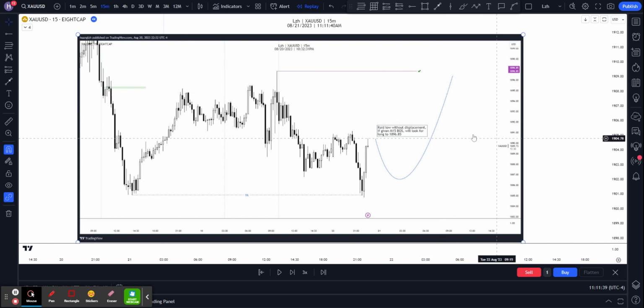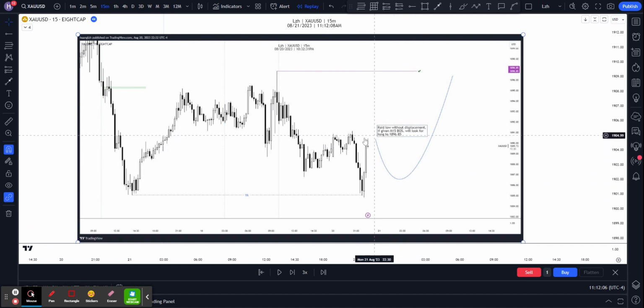The reason is simple: we have a raid of the low, and that is without displacement. So what we want to do is wait for a market structure shift, or some of you call it a BOS, which is a break of structure, in terms of M15 or 1 hour.